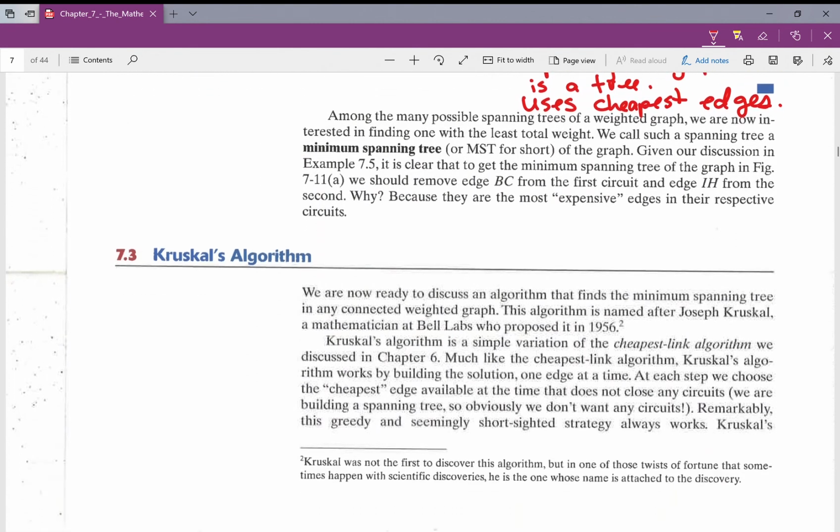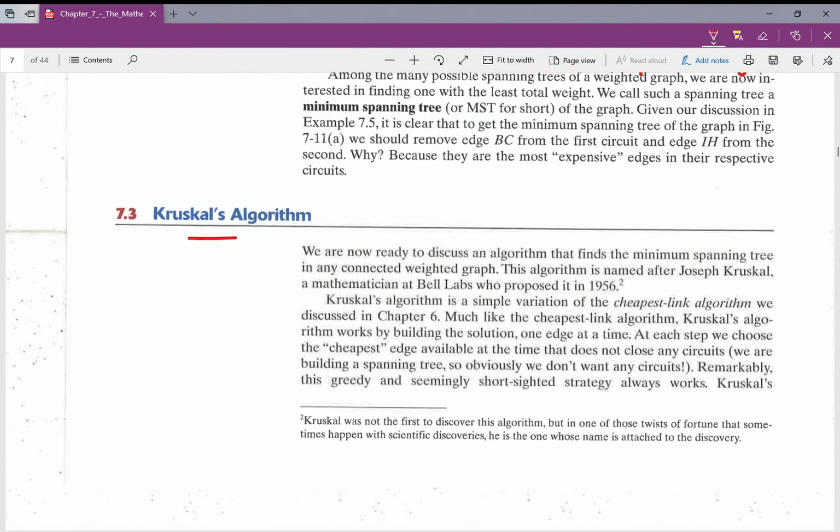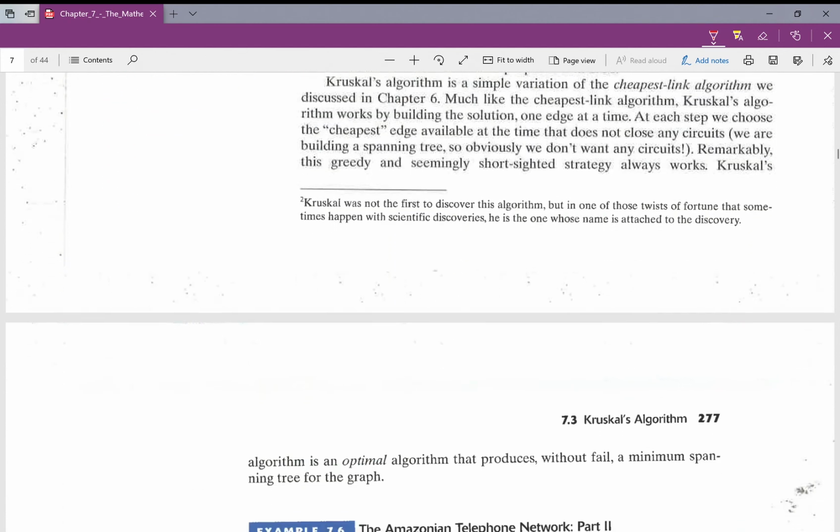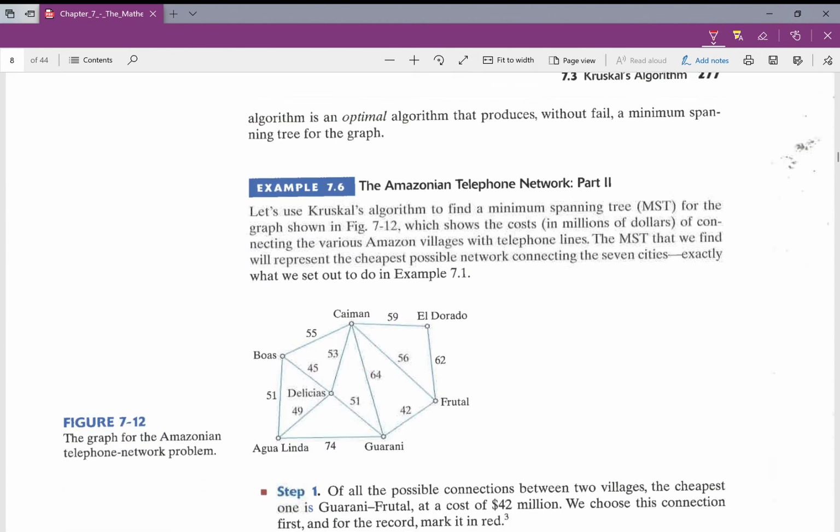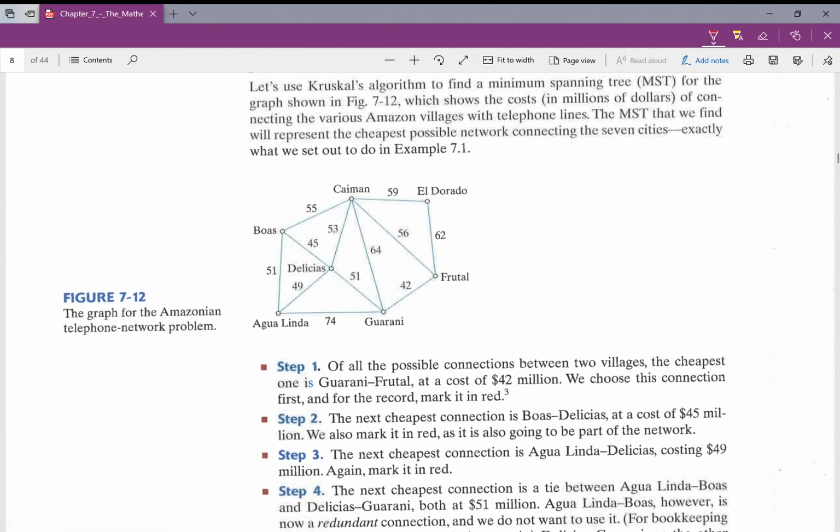So the book gives us a technique called Kruskal's algorithm to construct minimum spanning trees. And if we look at this, Kruskal's algorithm says find the cheapest edge in the entire graph. Well, that's right here. That edge is 42. What's the next cheapest edge in the entire graph?